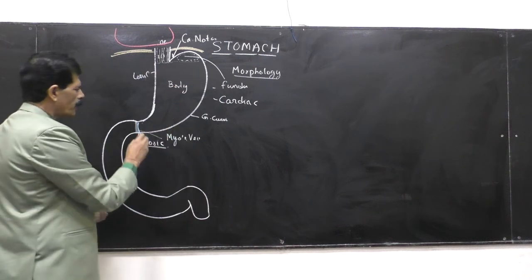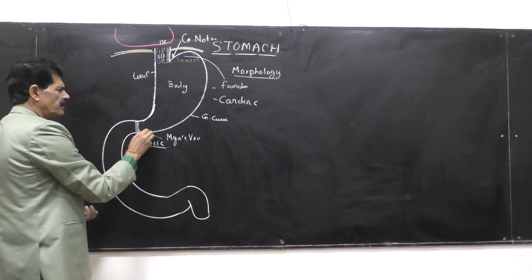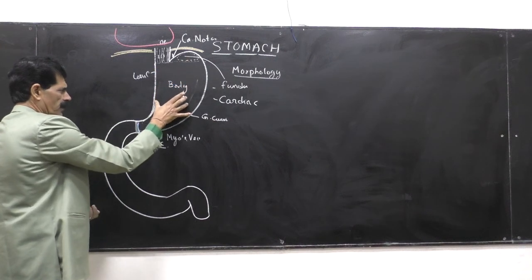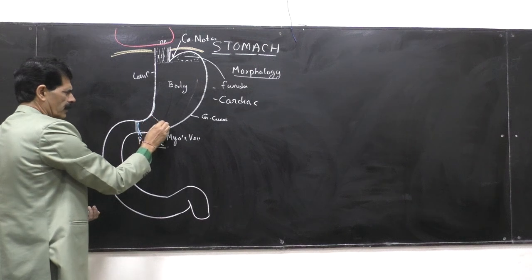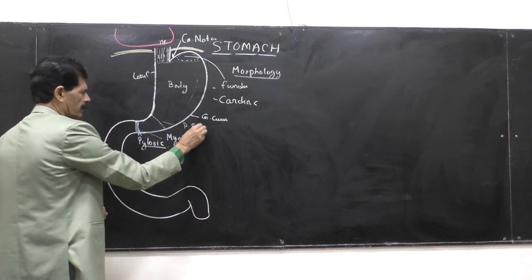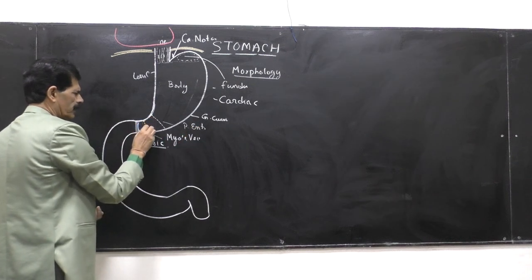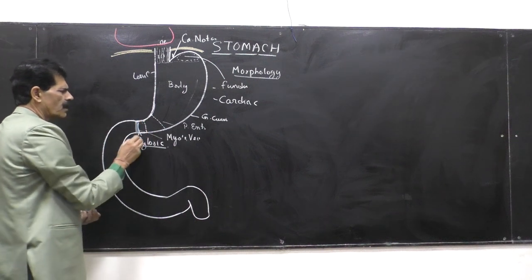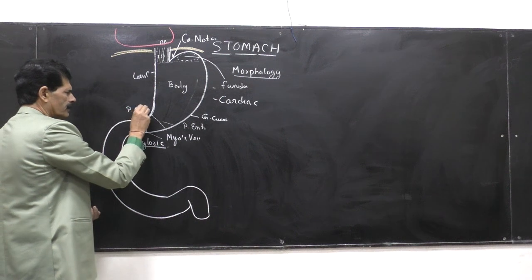Now the pylorus is a very constricted part made up of the sphincter mechanism, and as the stomach body goes downward, it becomes conical or narrow. When it becomes the narrow part, it is called the pyloric antrum. Then the pyloric antrum leads to a small part just proximal to the pyloric sphincter, and this part is called the pyloric canal.